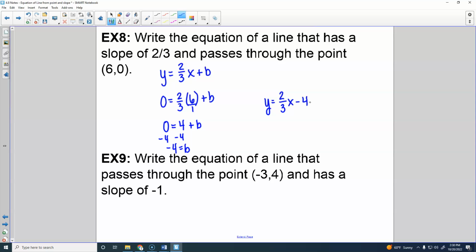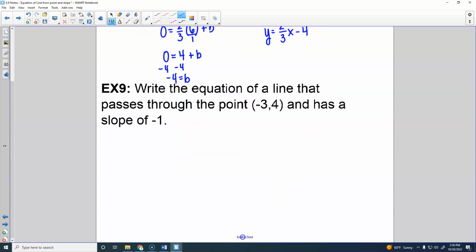Okay. Giancarlo, help me with this last one, and then we're going to get to our work for today. I've got a slope of -1, and it passes through the point -3, 4. So I know I need y equals -1x plus b.